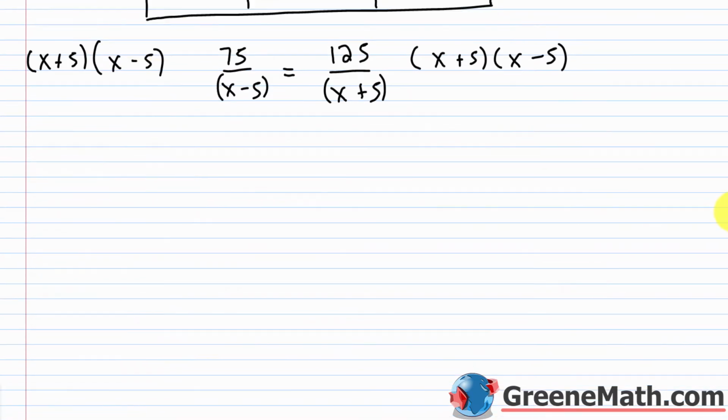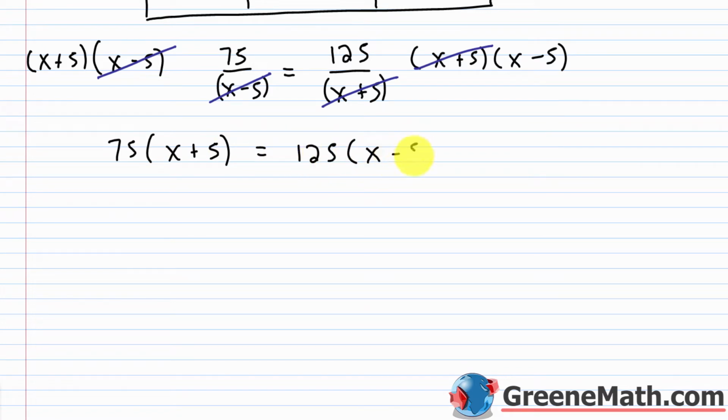And what is this going to do for us? Well, in this case, this would cancel with this. Over here, this would cancel with this. And so you're left with what? You're left with 75 times the quantity x plus 5 is equal to 125 times the quantity x minus 5.